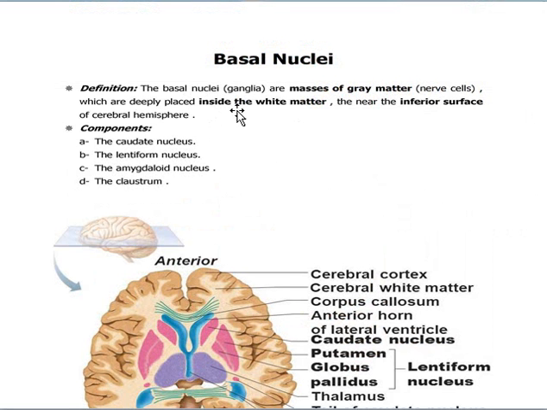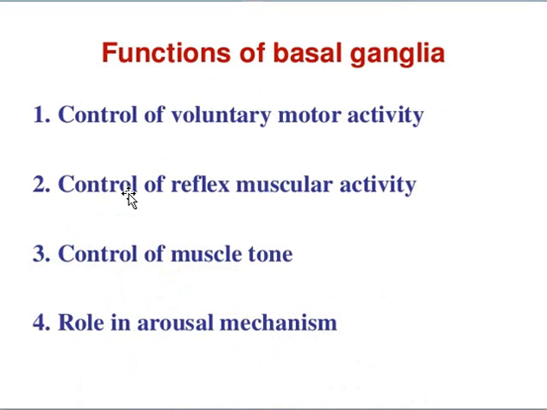This is the definition of the basal ganglia: masses of gray matter located deeply inside the white matter near the inferior surface of the cerebral hemisphere: caudate, lentiform, amygdaloid, and the claustrum.